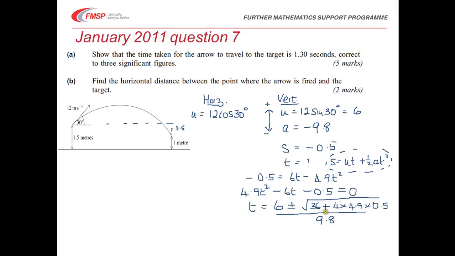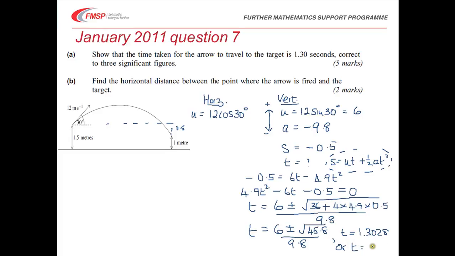So you're going to get two values for t: 6 plus or minus the square root of 45.8, all over 9.8, if you simplify under the square root. That gives us two values. Either t equals 1.3028 or t equals a negative value.